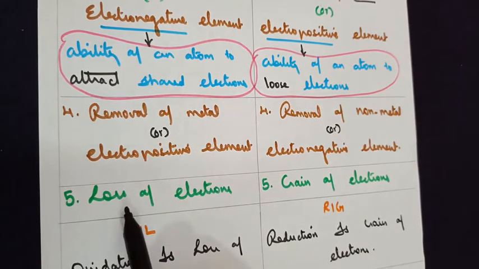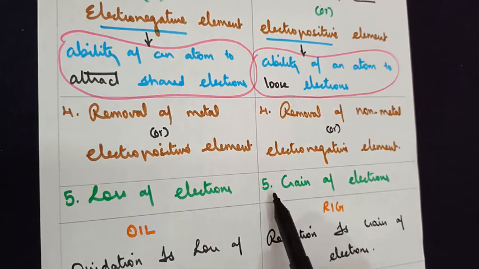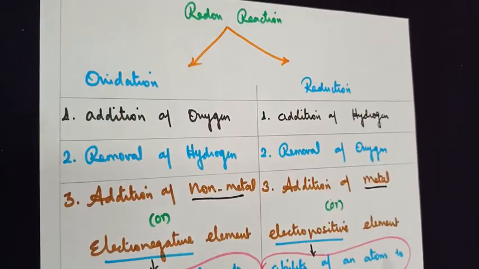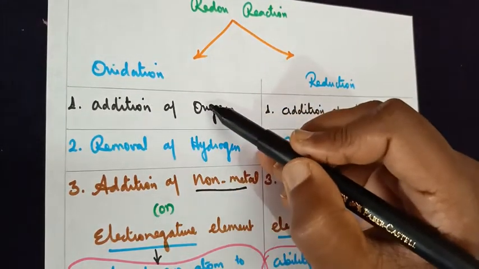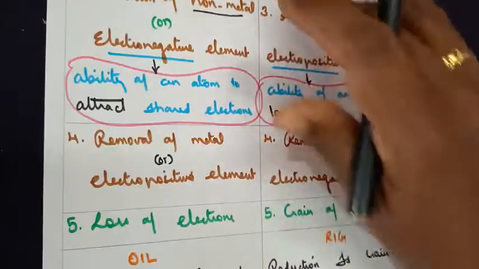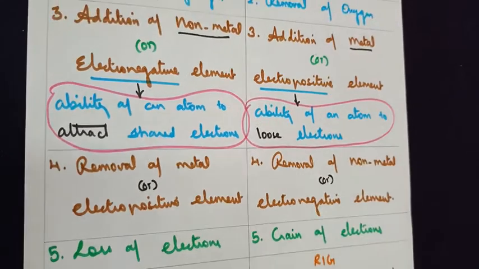Coming back to the key concept, the key word of oxidation and reduction. Oxidation, when we say, loss of electron takes place. Reduction, when you say, gain of electron takes place. So all I want you to remember, when you hear the words oxidation and reduction, remember addition of oxygen takes place. Now not always oxygen; loss of electrons can also be referred to as oxidation.